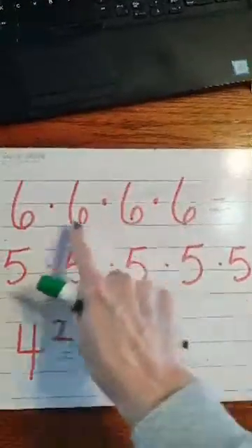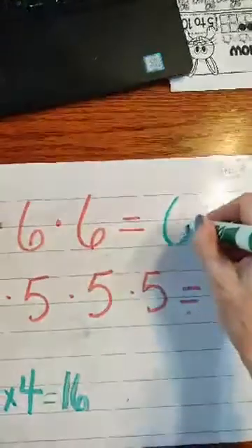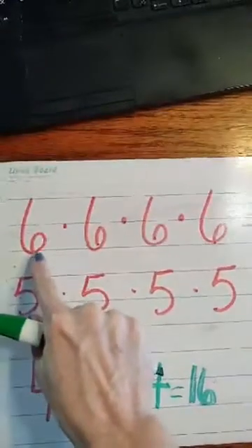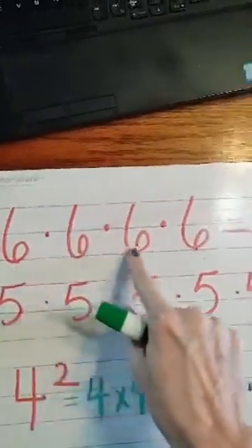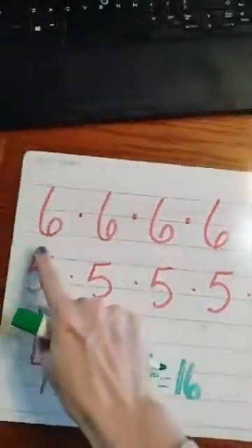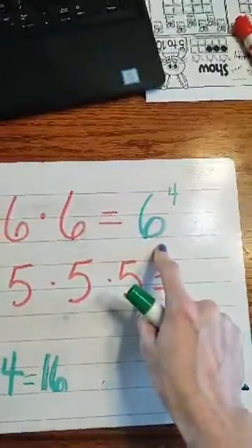My base number is this number that I keep multiplying times itself. My base number is the 6. My exponent is how many times I do that. So I count how many 6s I have here: 1, 2, 3, 4. And that is my exponent. So 6 times 6 times 6 times 6 is the same as 6 to the 4th power.